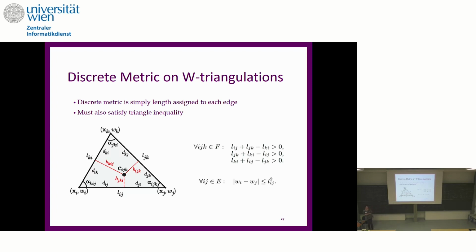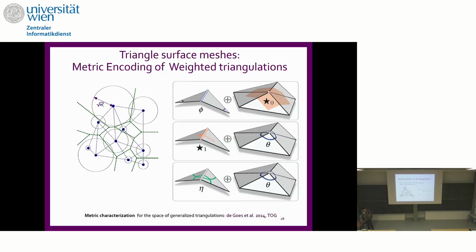So linking the values of Vij, that are the square of the radii that we have seen before, to Lij. But again, the idea is to separate these two values from each other. Using this representation, we provided a metric encoding for weighted triangulations.